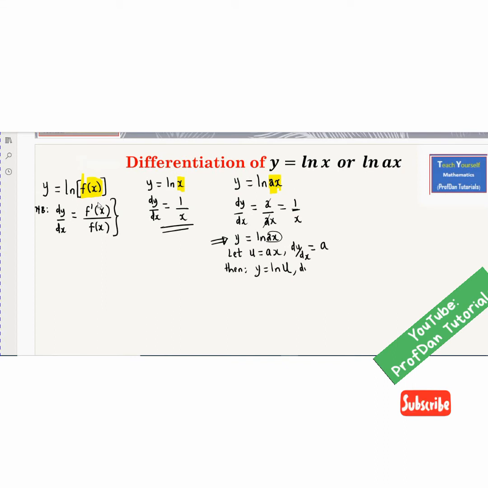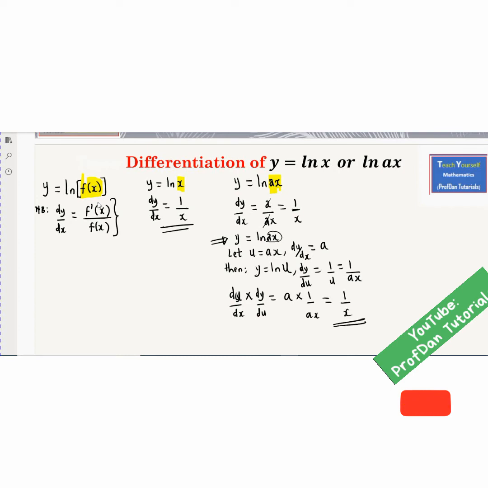And when you differentiate y with respect to u, you get 1 over u, which is 1 over ax, replacing your u back with ax. According to chain rule, multiply both. Now you have dy/du times du/dx. This leaves you with a multiplied by 1 over ax, and you still get your 1 over x.